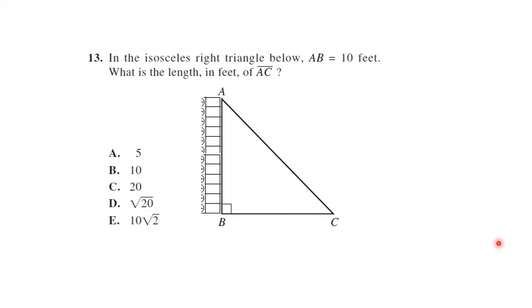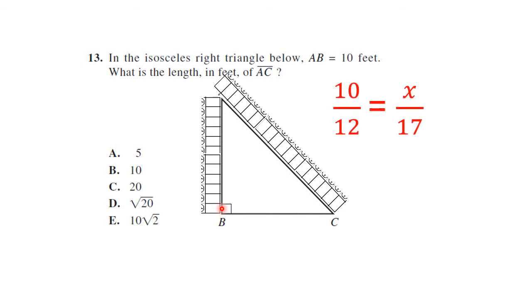Then we count the marks. I count 12. We do the same thing along the AC side, lay our answer key there and count the marks. I count 17. Then we set up our proportion: 10 feet over 12 marks equals how many feet over 17 marks. Cross multiply, we get 12x equals 170, and x equals 14.1.